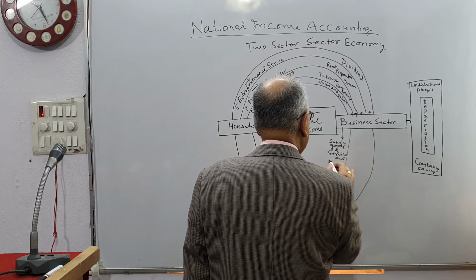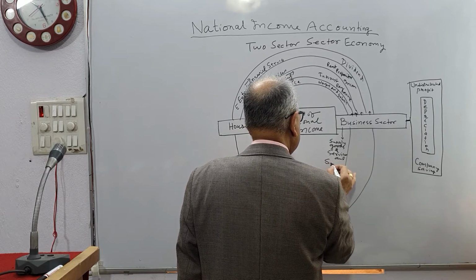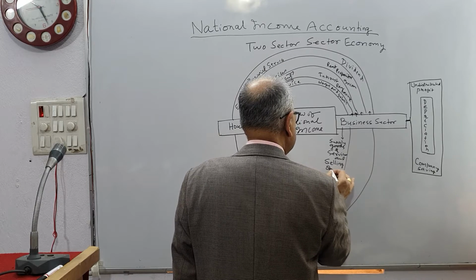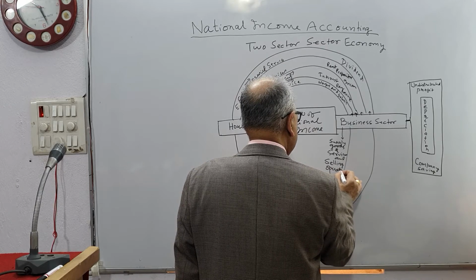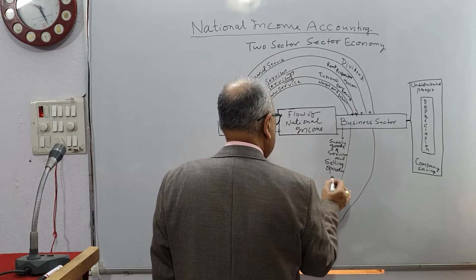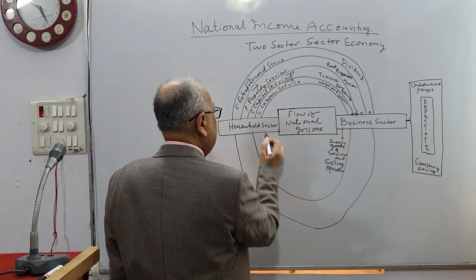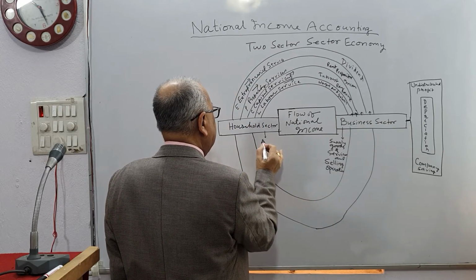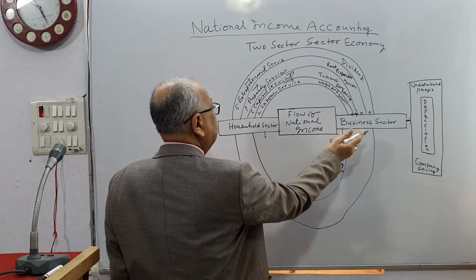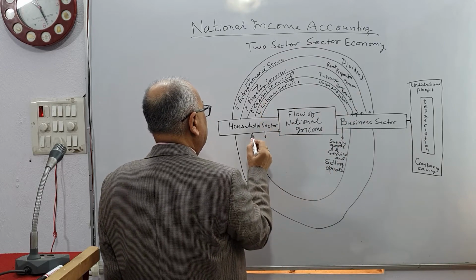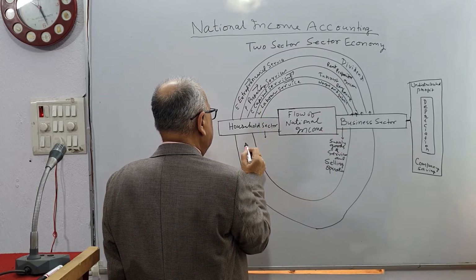And selling operation will start, and here income comes to this, known as income.